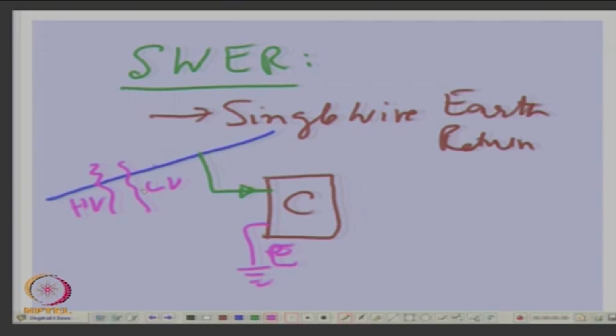No, power it will carry. Suppose the wire is for 10 kilowatt, it will carry 10 kilowatt. The problem here is most of your domestic loads can work on single phase, but agricultural loads are typically pumps, water pumps. So that means the problem is to run a 3 phase motor using the single phase supply, is not it?